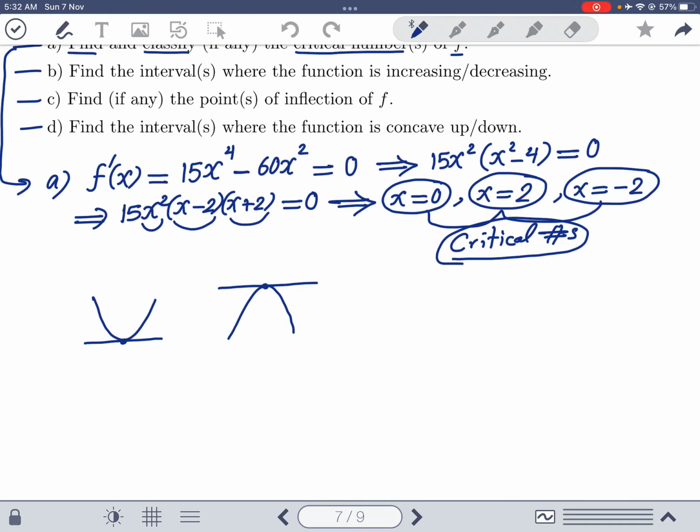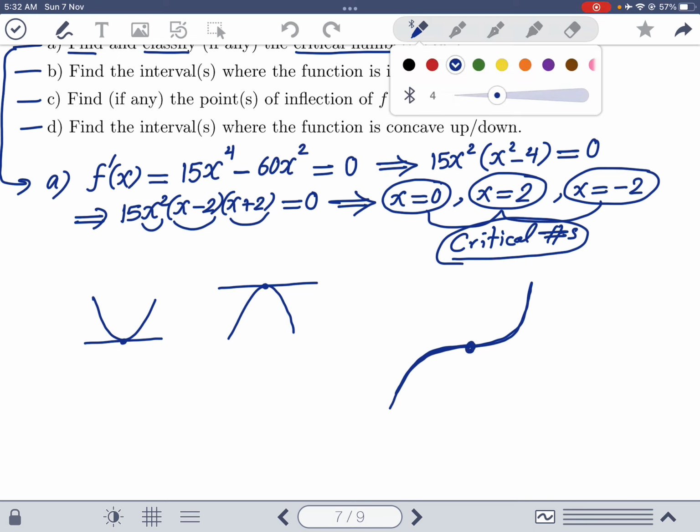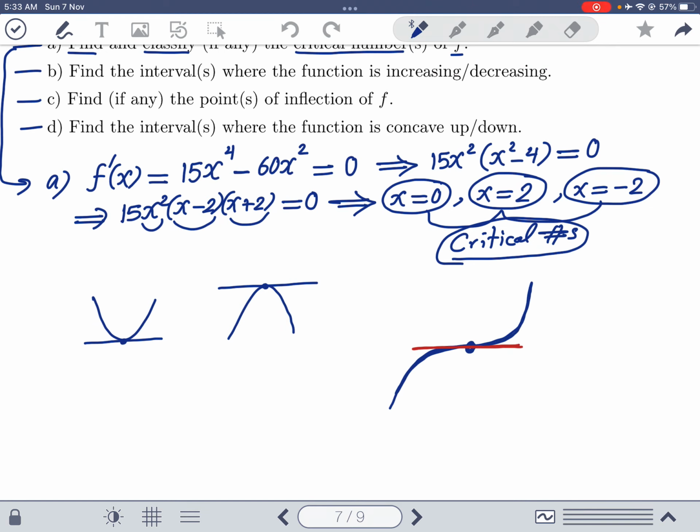But look at something like this, for example. If we have something like this, I need to draw it correctly. Just wait. Here, yeah, like this from here, and then goes up. Okay, at this point, notice that if you do the tangent line, it will be a horizontal tangent. I can even make it better so that you see that it is really indeed the tangent.